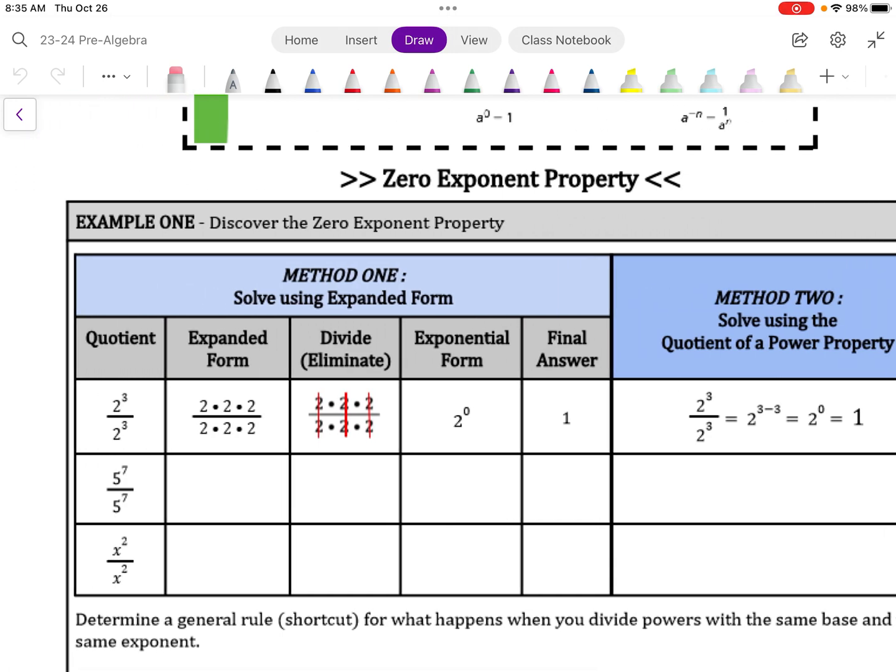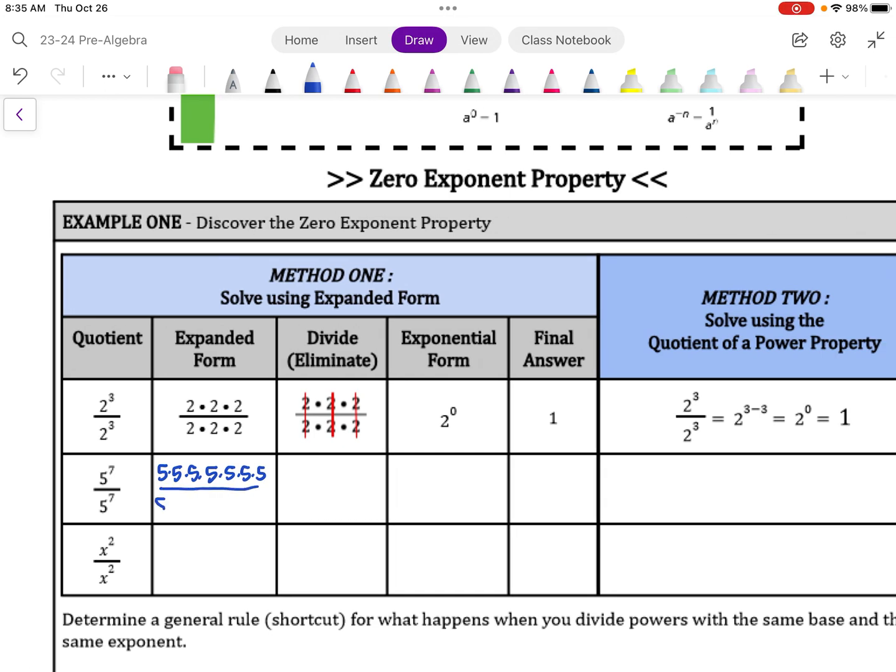So 5 to the 7th, if we write this out, we're going to write 7 copies of 5. 1, 2, 3, 4, 5, 6, 7. And again in the denominator, 1, 2, 3, 4, 5, 6, and 7. And when we cancel, 5 over 5 is 1. So all of those equal 1.